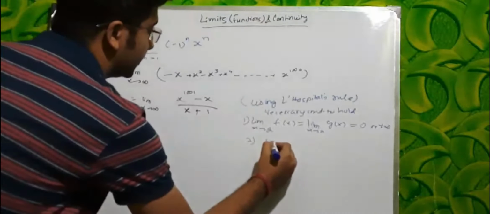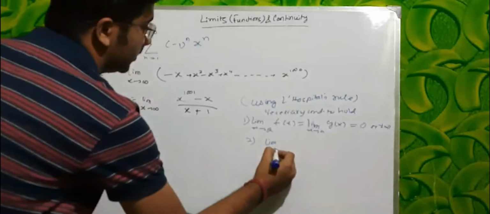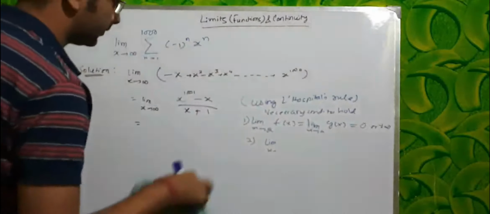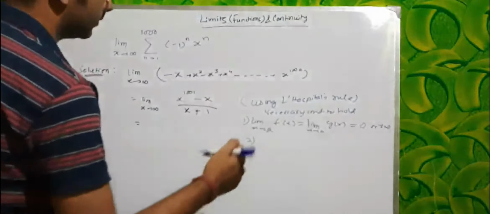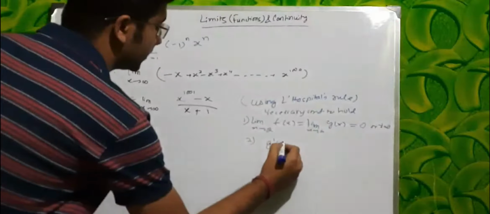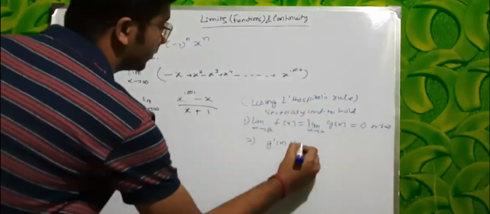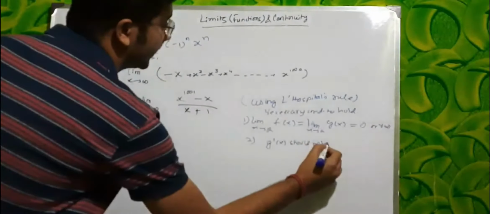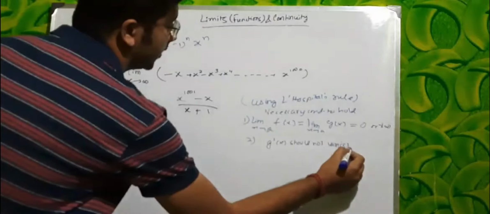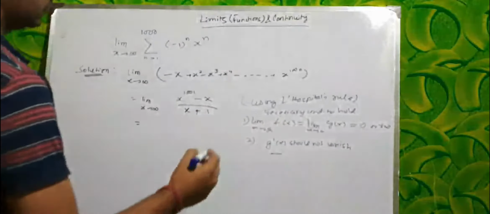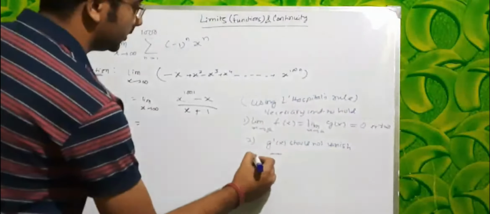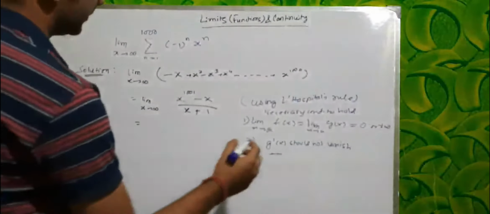Second is that g dash x, that is the derivative of g of x, should not vanish, that is, should not be 0 in the interval around a.